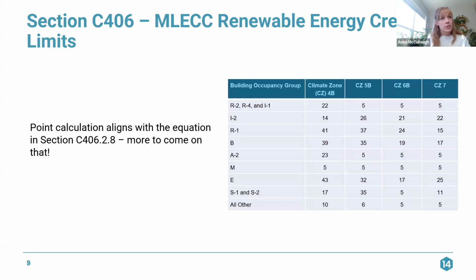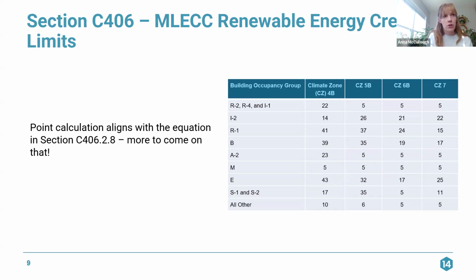Under the Model Low Energy and Carbon Code, there are also renewable energy credit limits. So in section C406.2.8, which is the renewable energy calculation, there are a number of credits that you can achieve by providing on-site renewables. In this main section C406.2, which is where we're talking through the structure of how C406 works, we also have this table that describes the maximum number of credits that you can achieve for renewable energy.